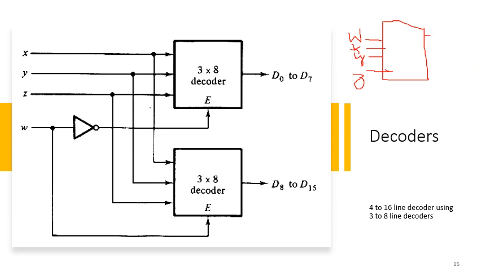And we've got the number of outputs that are being represented as D0 till D15. So this is basically a 4 to 16 line decoder.